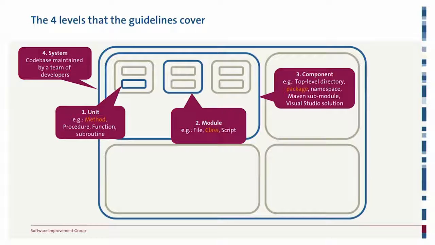And these modules can then further be grouped into some high-level components that can be a top-level directory, a package, a namespace, a Maven submodule, or a Visual Studio solution. So you have multiple of these components. And then these components form together a whole system. It's basically a code base, maintained by a team of developers. And our guidelines address always one of these four levels.